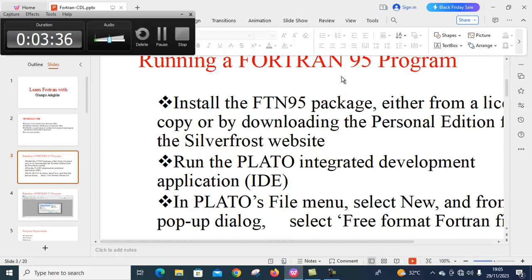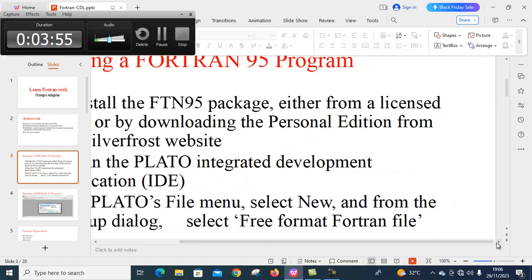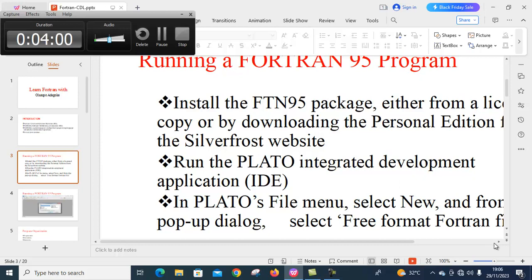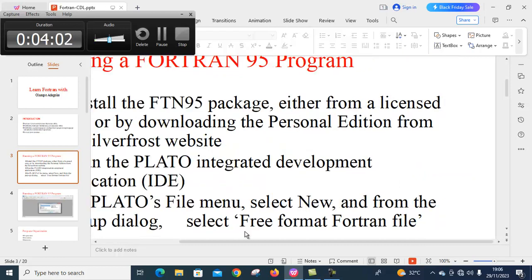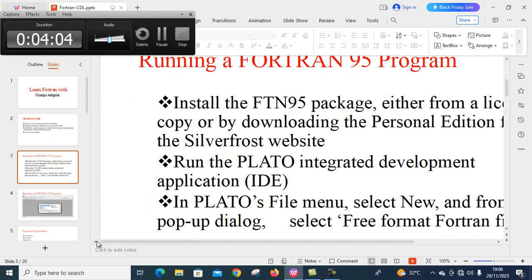In order for you to run a Fortran 95 program, you have to install the FTN95 package, either from a licensed copy or by downloading the personal edition from the Silverfrost website.